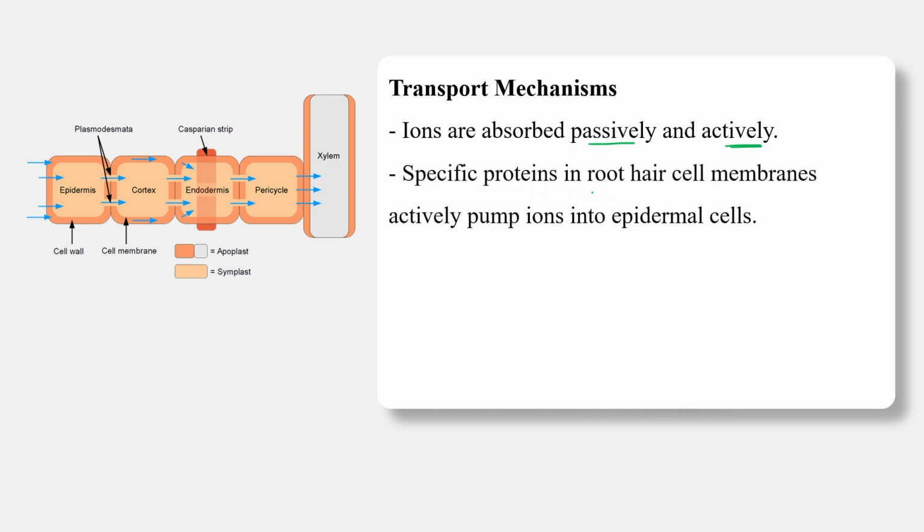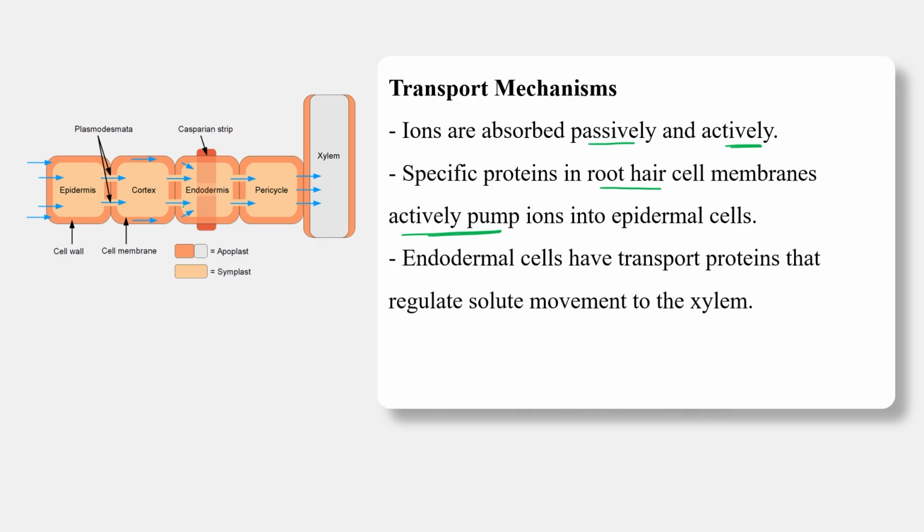Specific proteins present in the root hair cell membrane actively pump ions into the epidermal cell, okay, through various pathways: just outside the cell membrane through the apoplast, and inside the plasma and from one cell to another through plasmodesmata via the symplast, right?